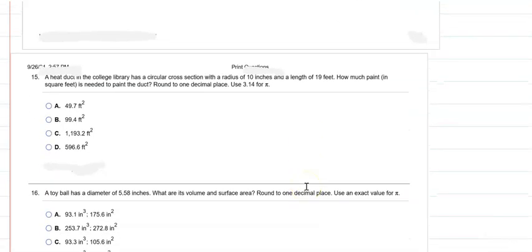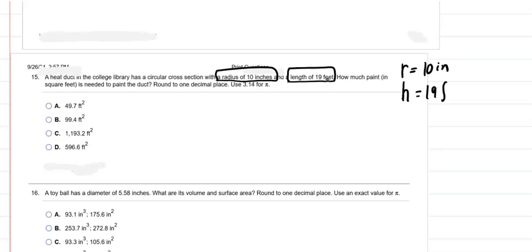A heat duct in the college library has a circular cross section with a radius of 10 inches and a length of 19 feet. So the radius is given in inches, and the length is given in feet. So radius R equals 10 inches, but the length, or height, is 19 feet.